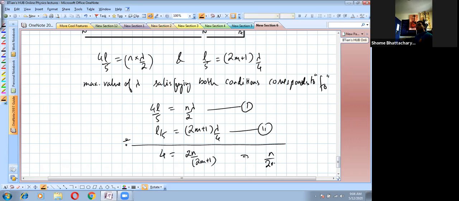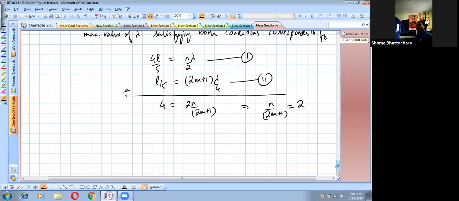n upon 2m plus 1 has to be equal to 2. So we have to find two numbers, a general number and an odd number whose ratio is 2:1.